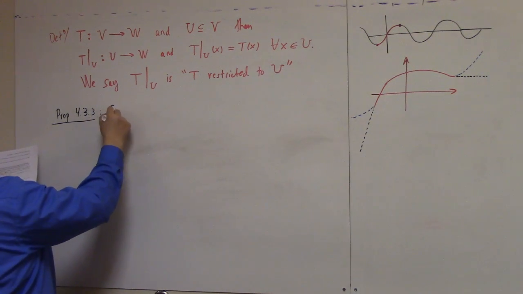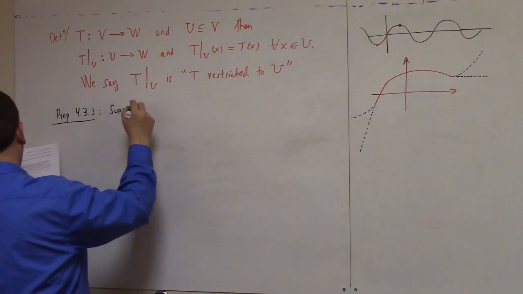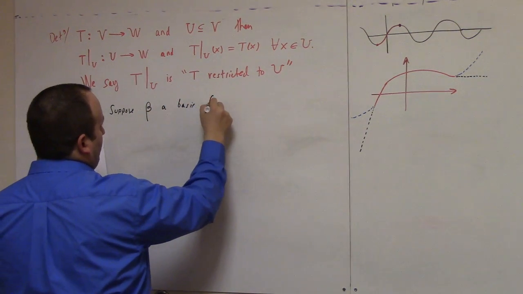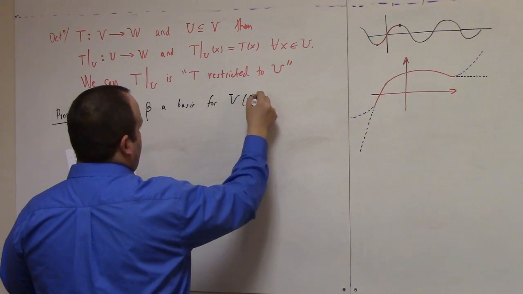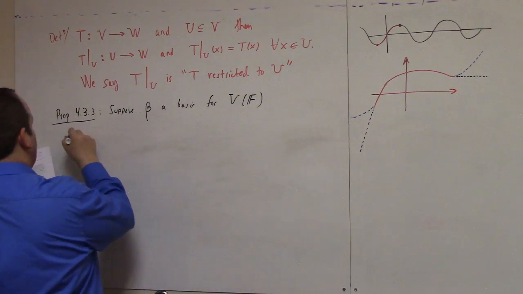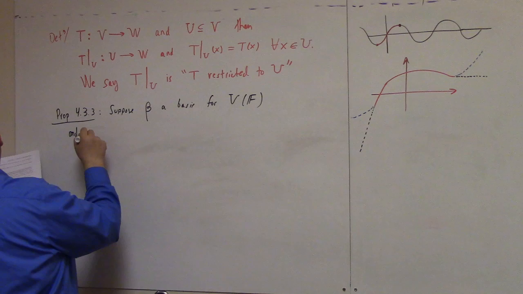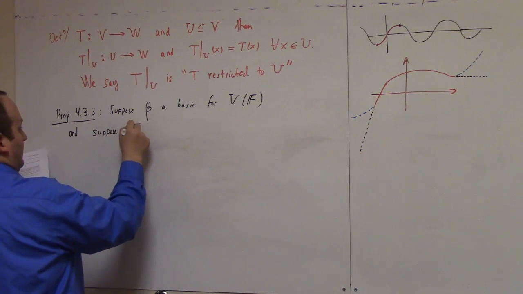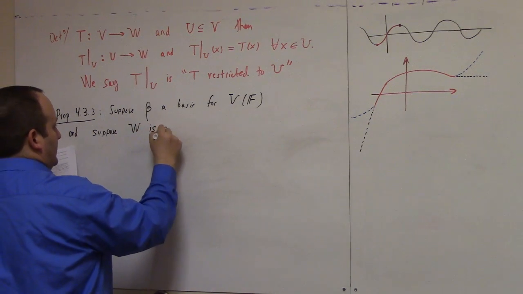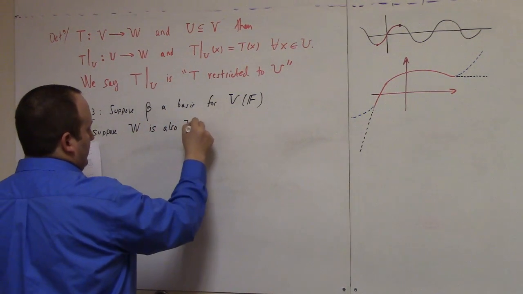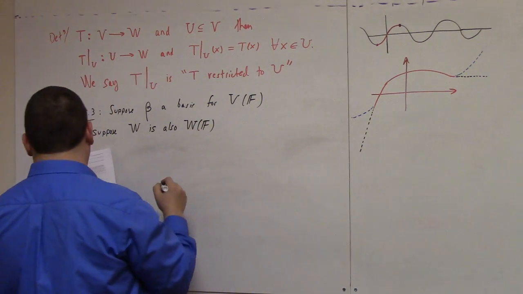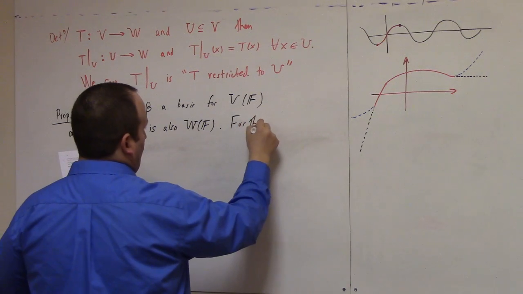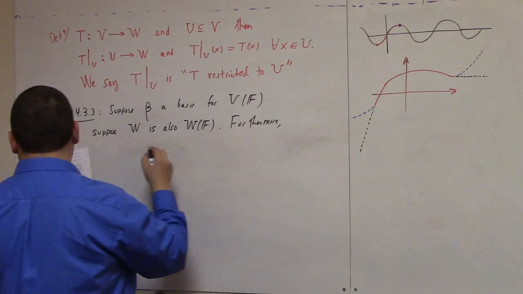Suppose beta is a basis for vector space V over field F. And suppose W is also a vector space over the field F. Furthermore, pay attention to this.